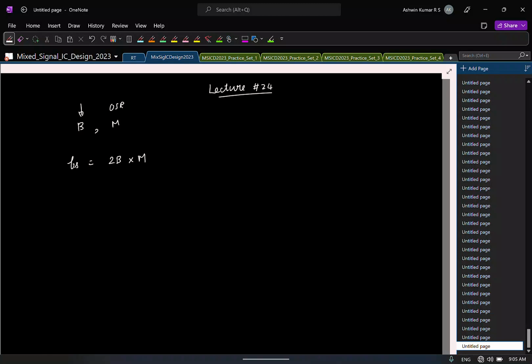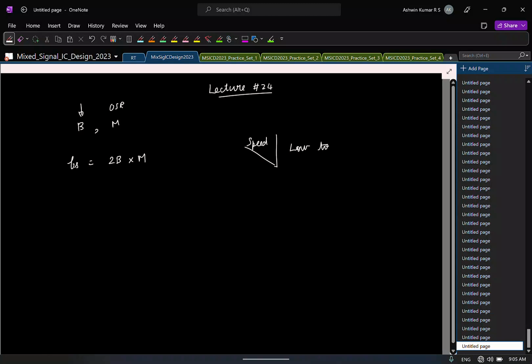So if I show it like this, here I show the speed from low to mid, and here high speed. Similarly in the resolution axis, let us say low and high.